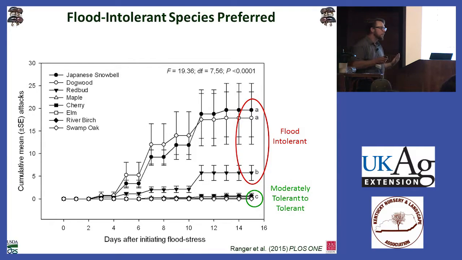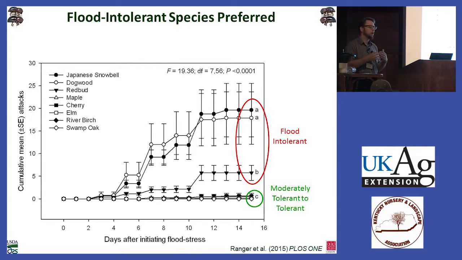So the take-home message here is that flood stress is definitely not accounting for all the instances where growers are dealing with ambrosia beetles and losing trees. But there are certainly a number of examples that we've seen in a number of states, not just Ohio, but Virginia, North Carolina, where trees are being overwatered or not draining properly, if it's a pot-and-pot system and those pots are not draining.